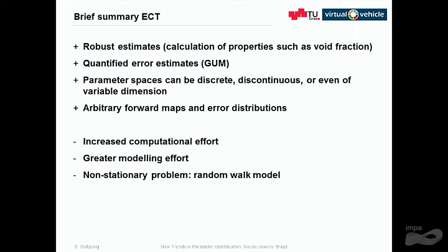And you can calculate any statistics you want out of your result, out of the posterior distribution, and you can quantify uncertainties, which is quite important, especially when we talk about things like the Guide to the Expression of Uncertainty in Measurement. You have to quantify, especially if the industry wants to sell measurement equipment, they have to quantify the result of such a system.